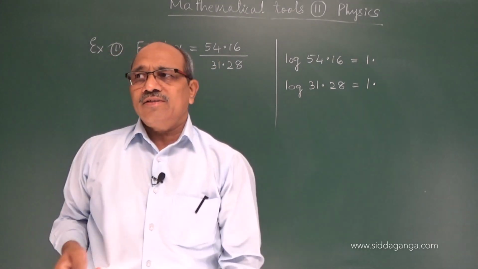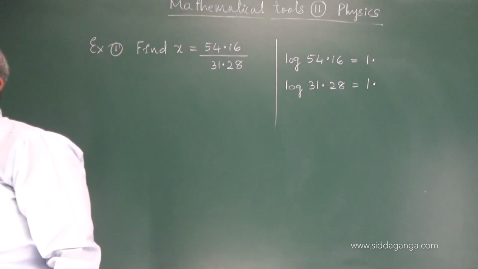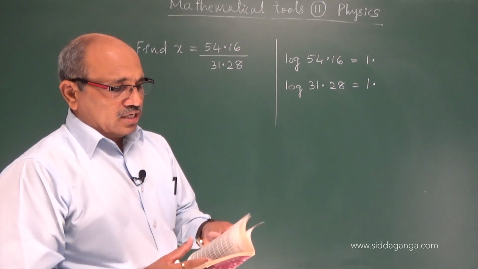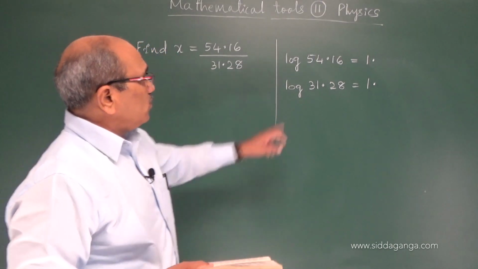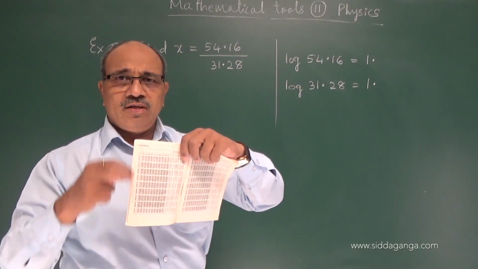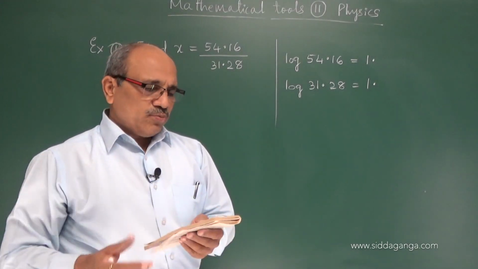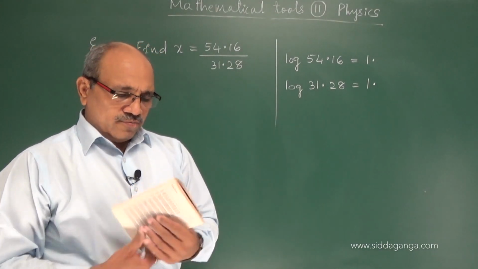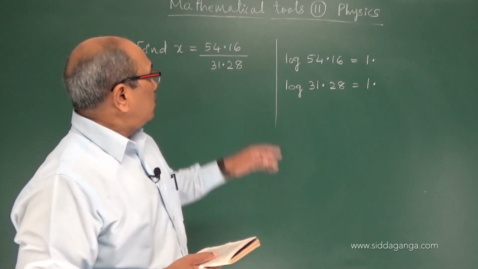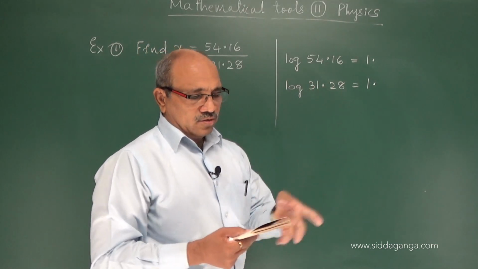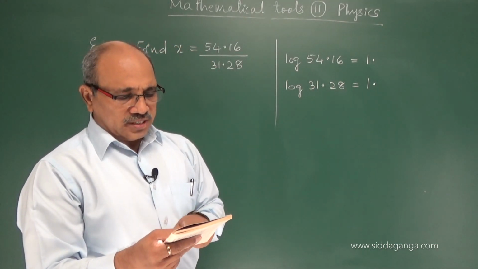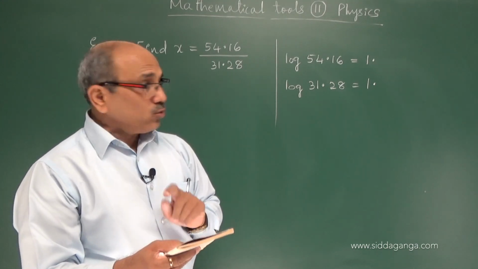How to get the mantissa? We have to use the logbook. Come back to the logbook. What do I have to see? I told you in the last class. First you go with the 54, the leftmost column, till you run up to 54. After that you move laterally to the column 1. When 54 and column 1 intersect, you will get 7332.